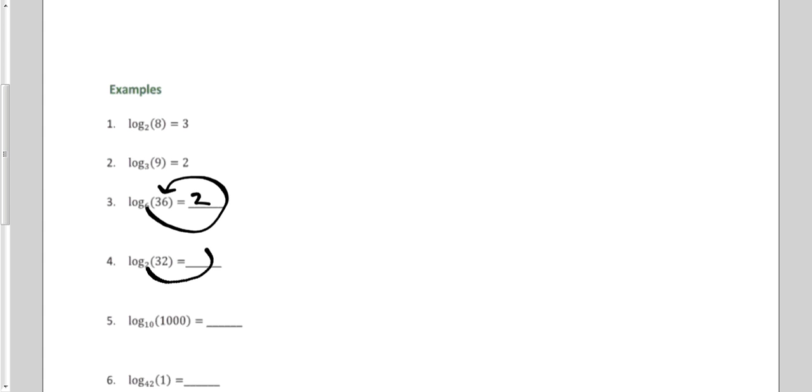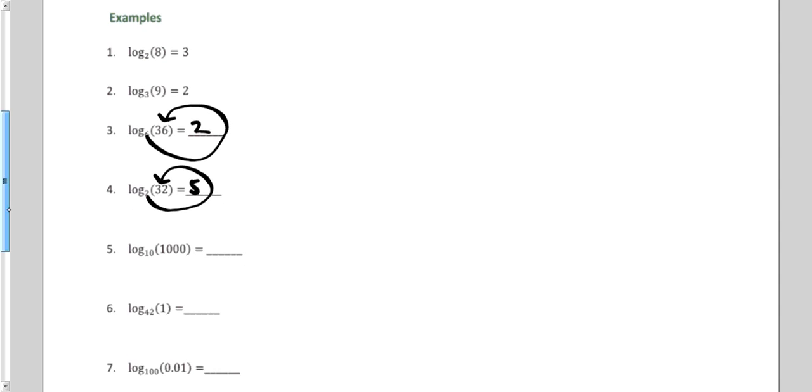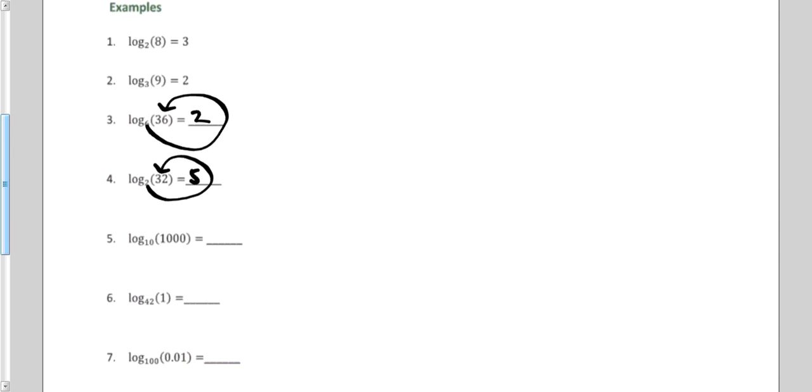2 to what power gets me 32? 5. Does anybody notice something strange about these questions? They're the exact same questions as they were on the front page.